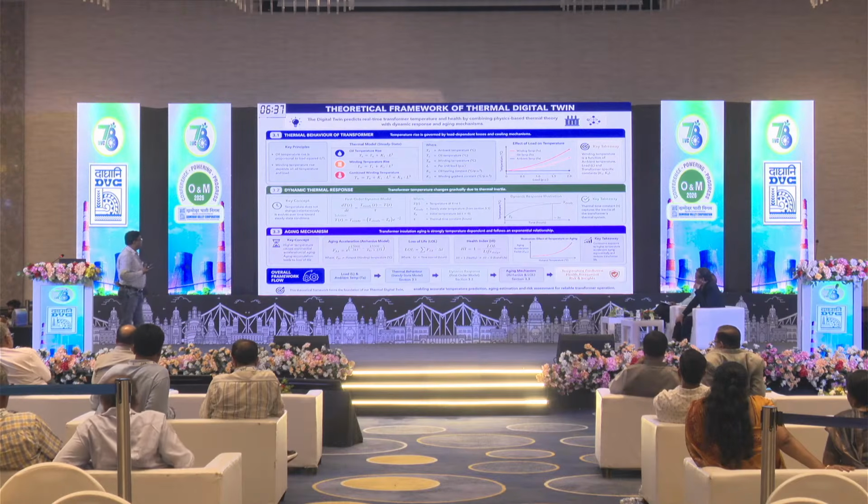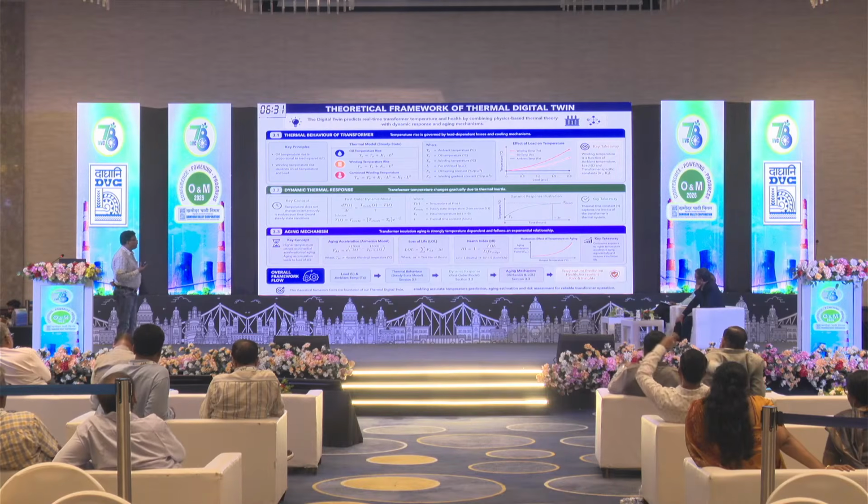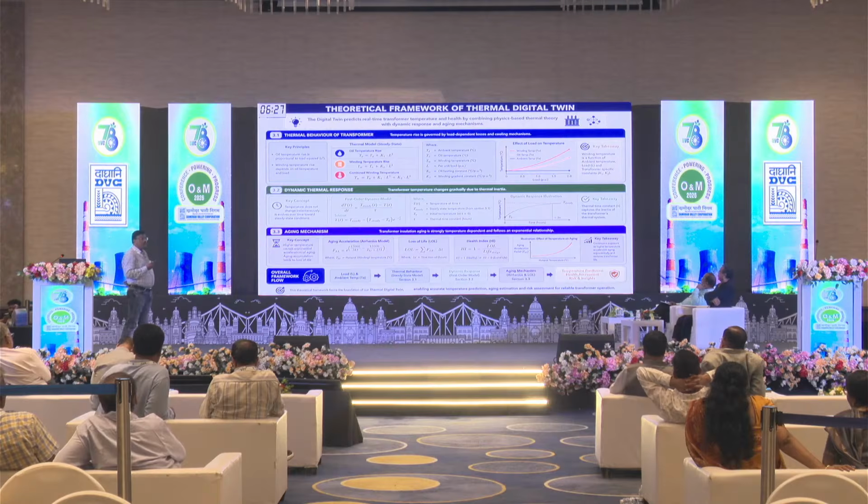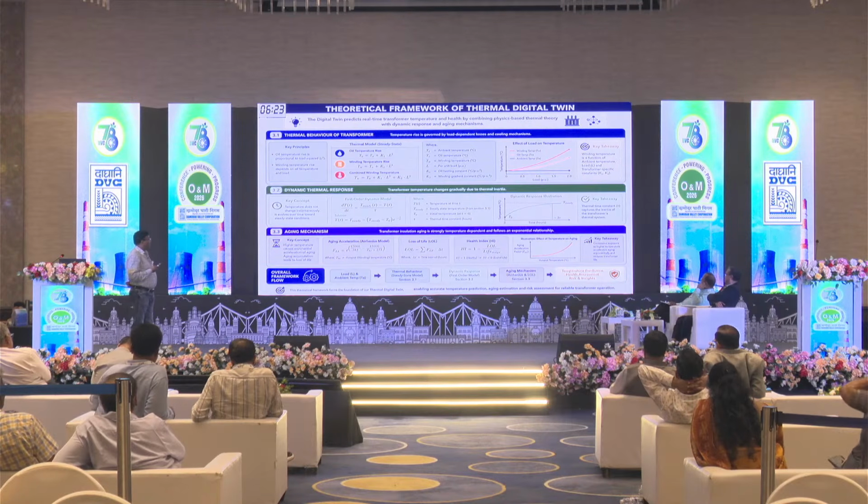So these are the mathematical equations. Our purpose is that if we can calculate K1, K2 or some thermal constants, then we can accurately predict the winding temperature or oil temperature at a particular load.